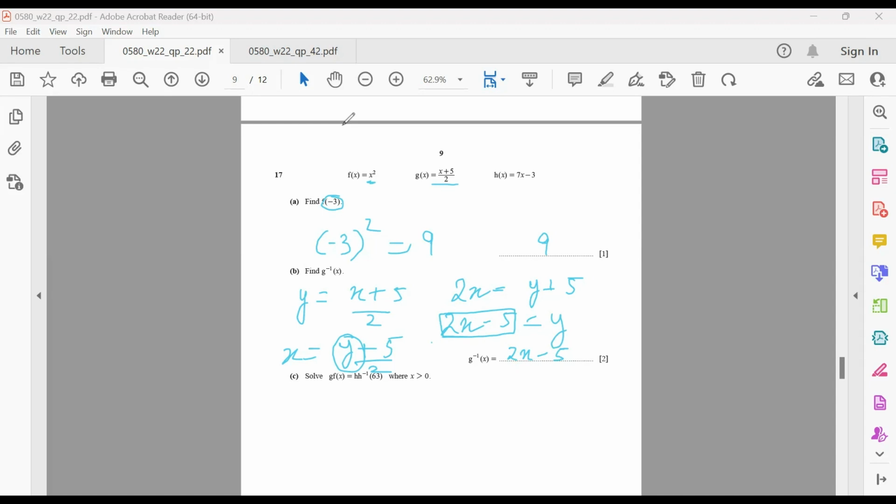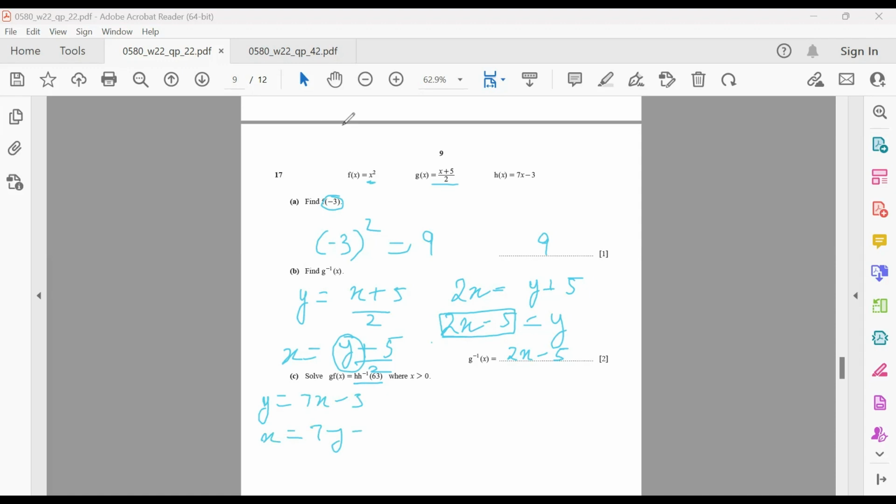Okay, now let's look at the next question. Solve g of f of x is equal to h of h inverse of 63. Since they've given us a value on this slide, let's try and solve that first. So h inverse. Like I said, again you write y is equal to 7x minus 3.